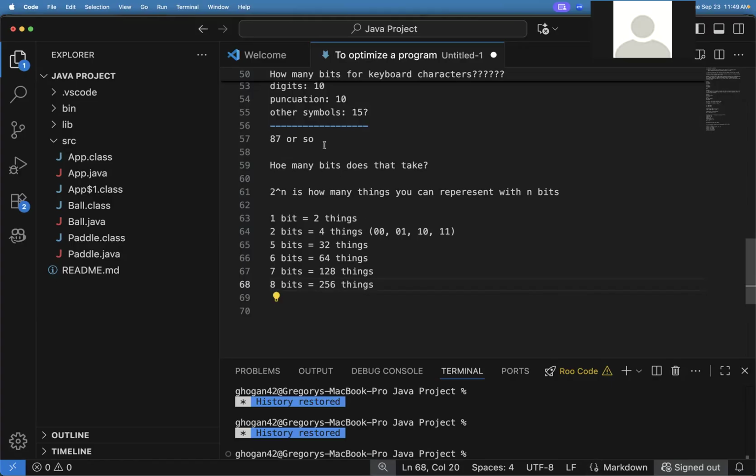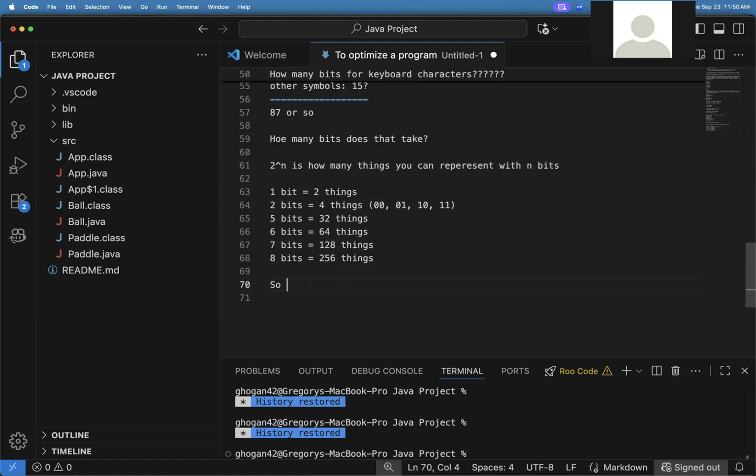So if you have about 87 or so, maybe plus a little bit, then how many bits would it take? It would take basically 7 bits. So a keyboard needs around 7 bits to represent all the characters we care about.